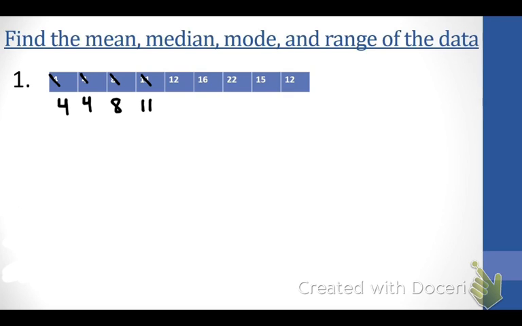Next one, Emma. 12. Good job. Michael. 12 again. Remember, you're sticking it directly underneath the other numbers. We're just sticking them in order from least to greatest. Isabel. 15. Landon. And the last one, Michael.